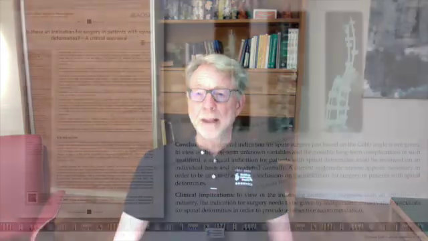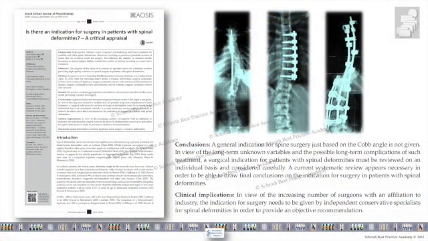While there is a large body of scientific research on scoliosis surgery, all systematic reviews of the last 2 decades prove that there is no medically justifiable indication for surgery. The most recent review was published last fall and is shown on this slide.